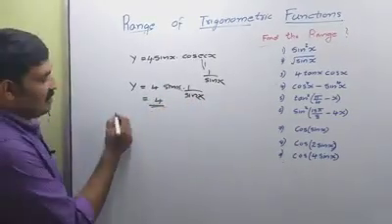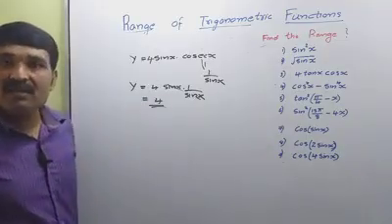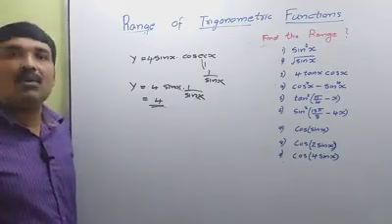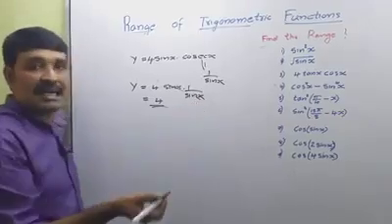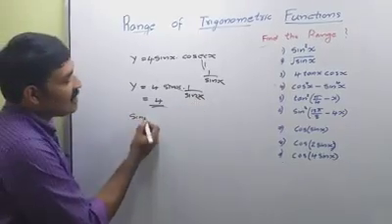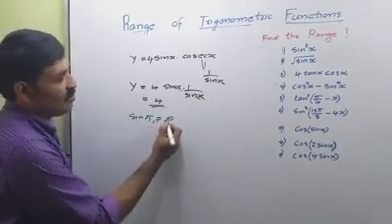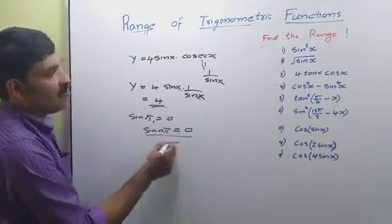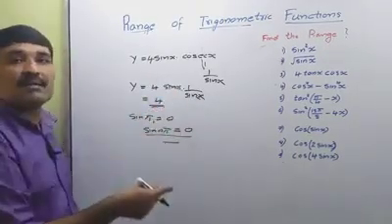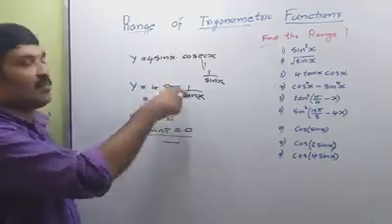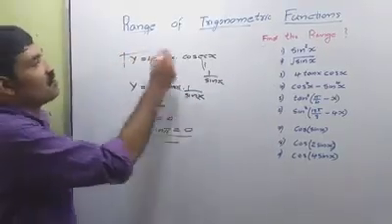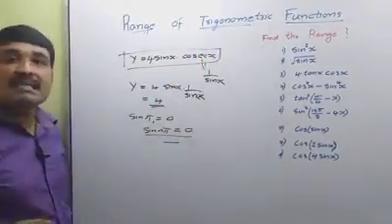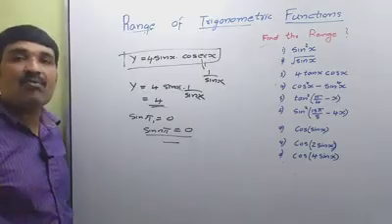Okay. When x is equal to pi, 2 pi, 3 pi, or a multiple of pi, what is the value of sin x? That is sin pi is equal to 0, or sin n pi is equal to 0. So a 0 term comes in the numerator and denominator, a 0 by 0 form. So this function is always discontinuous at multiples of pi.